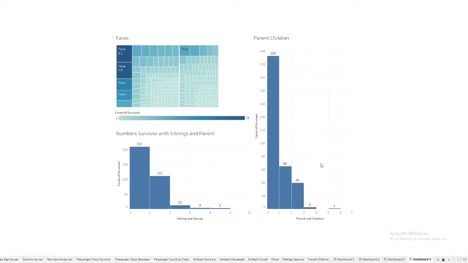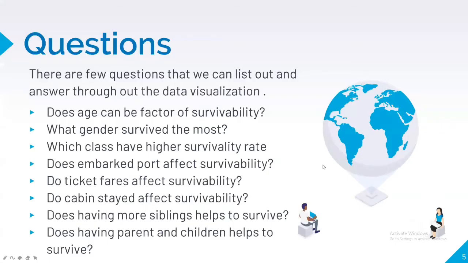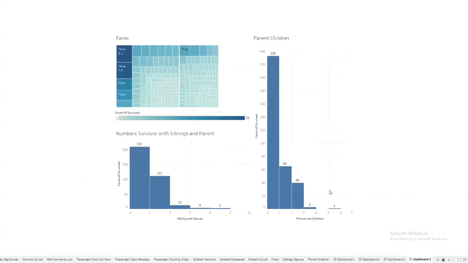Next is, does having parents and children help to survive? So as you can see at the first line, passengers that do not have parents and children have the most count of survivors.